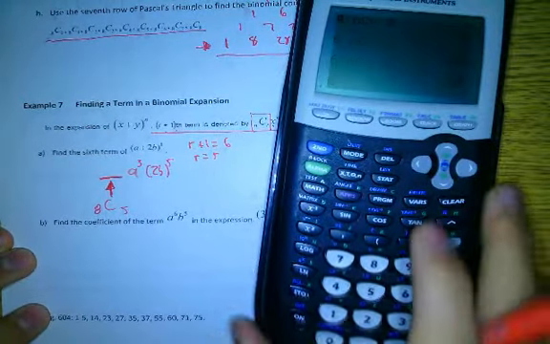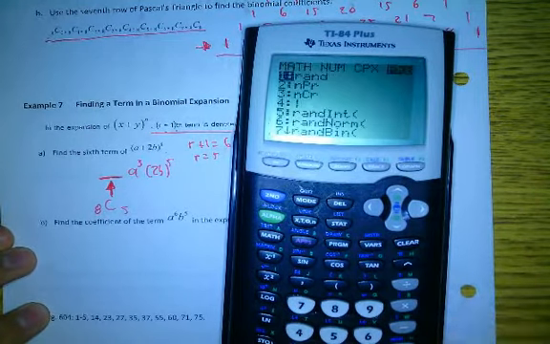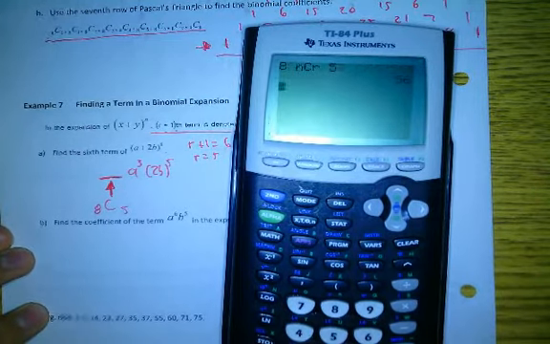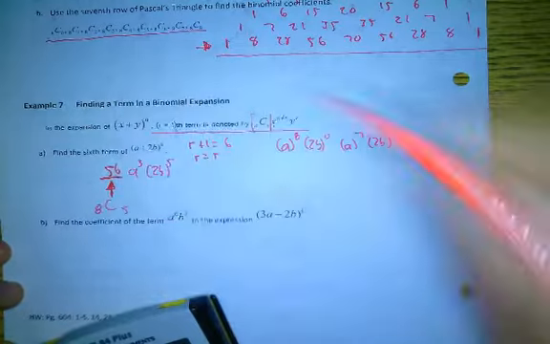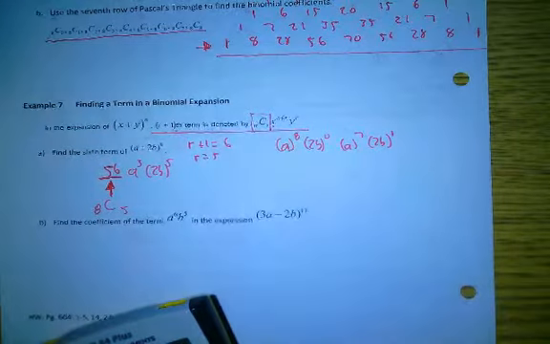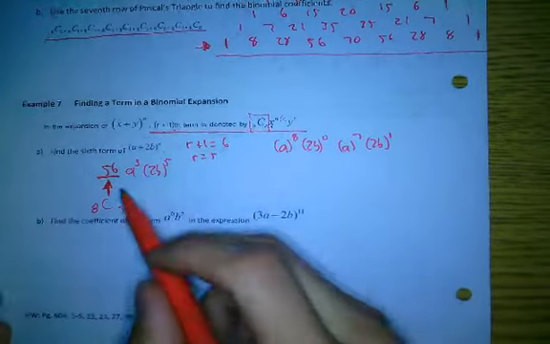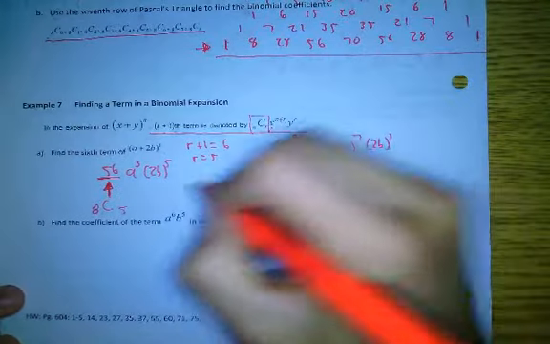No. You're going to have to simplify what you have here. Okay? Well, the a to the third is not going to make a difference. Do you guys agree? You're still going to have a to the third. But 2b to the fifth power is going to make a difference. So 2 to the fifth power is 32, right? So this becomes a to the third times 32b to the fifth times, in this case, 56, correct?